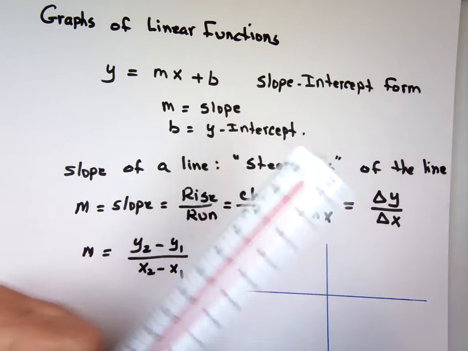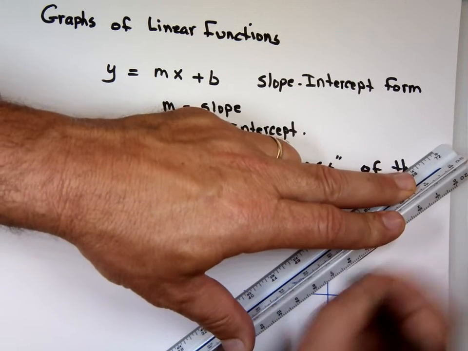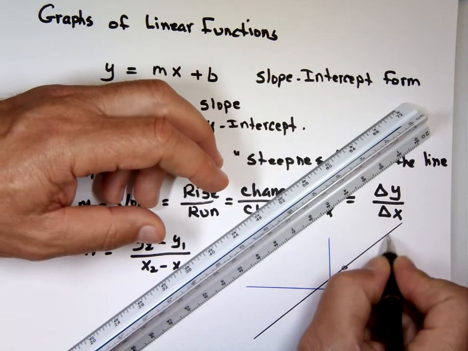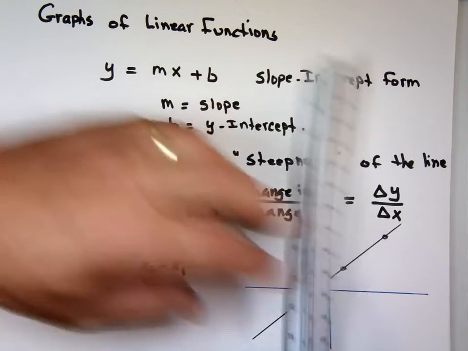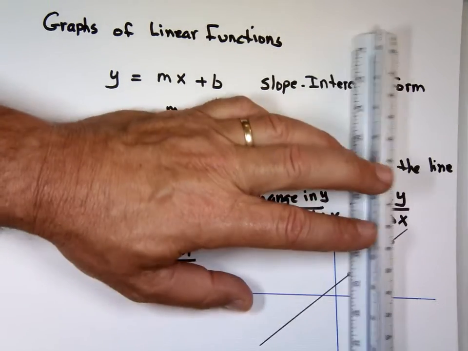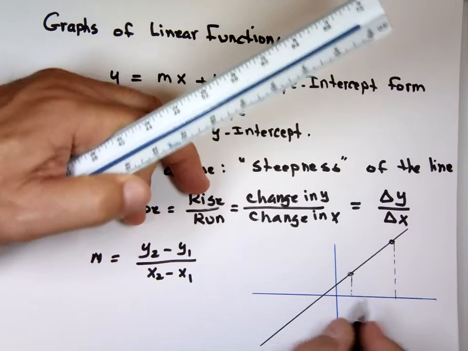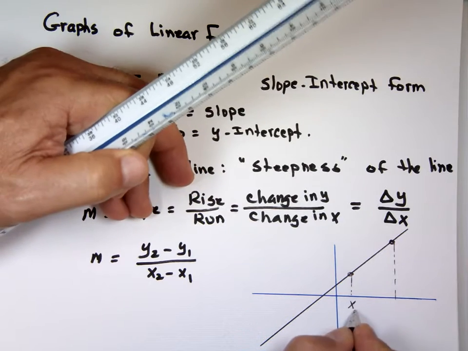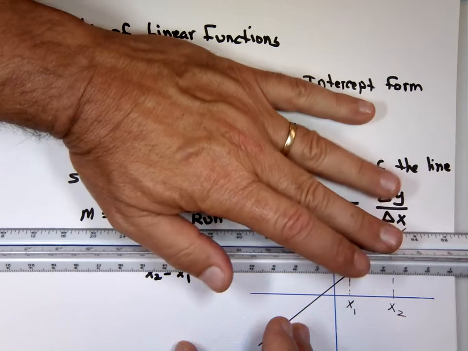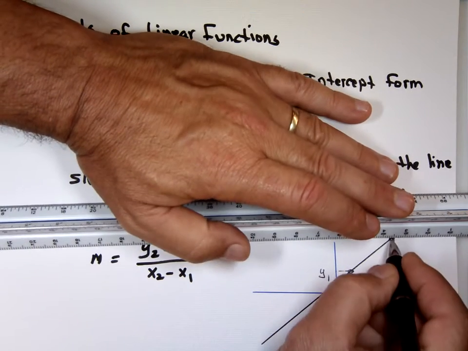But if you graph a line, any line, and you pick 2 points on that line, any 2 points, so this is x1, this is x2, this is y1, and this is y2.